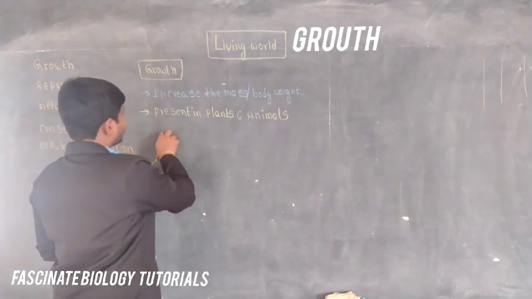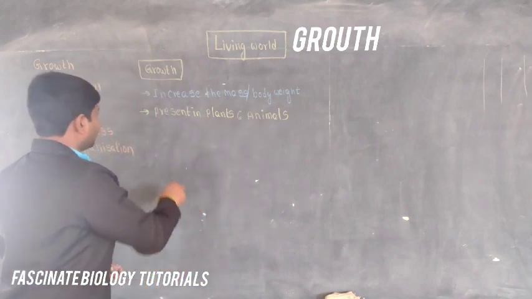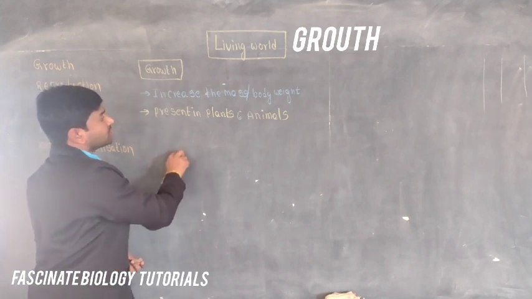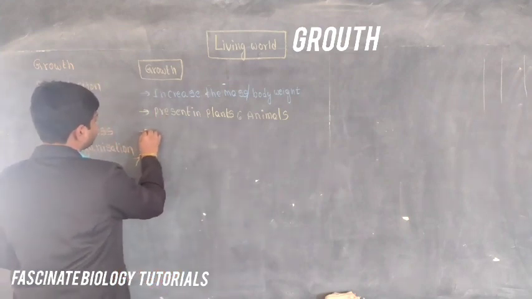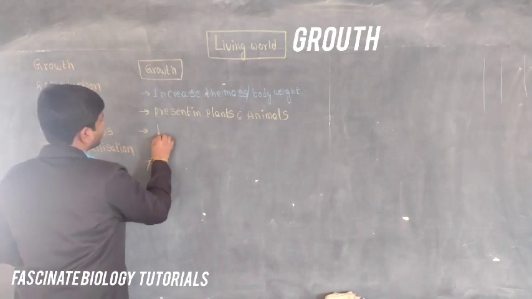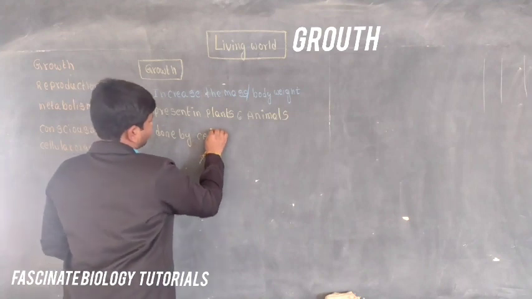Growth in plants and animals is done by the cell division process.